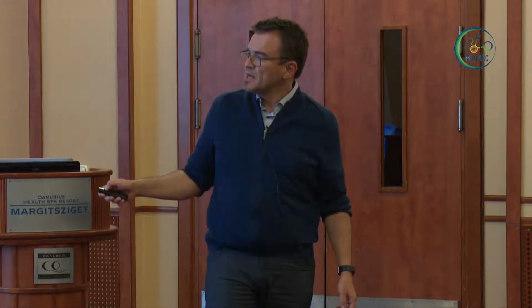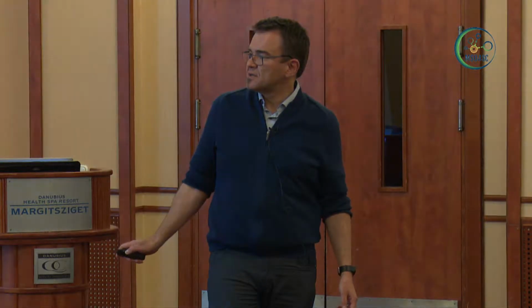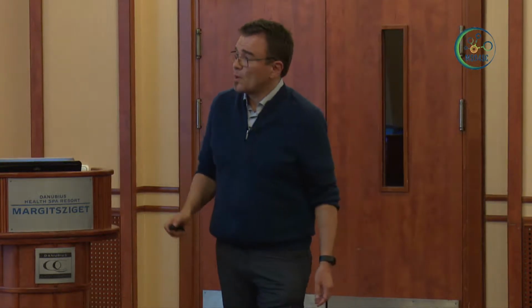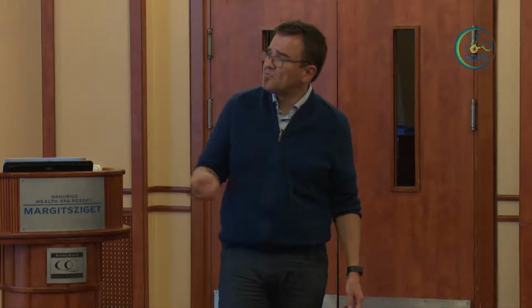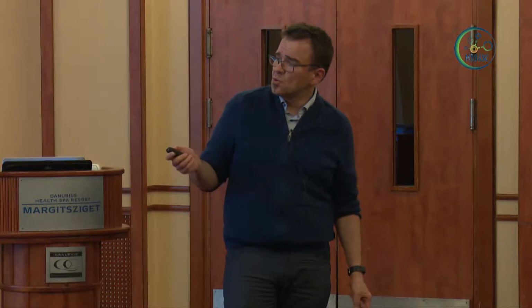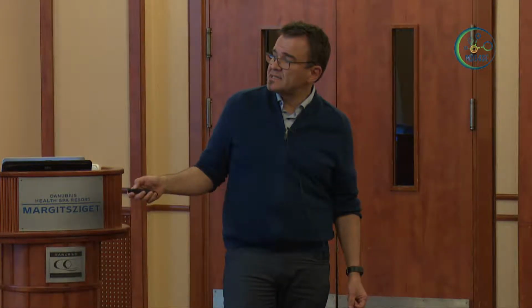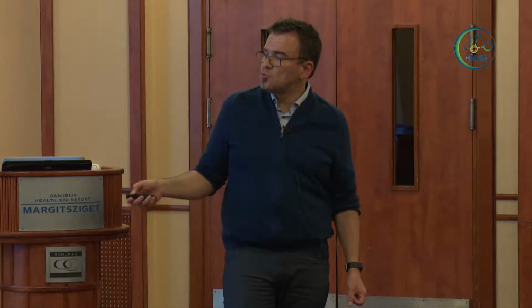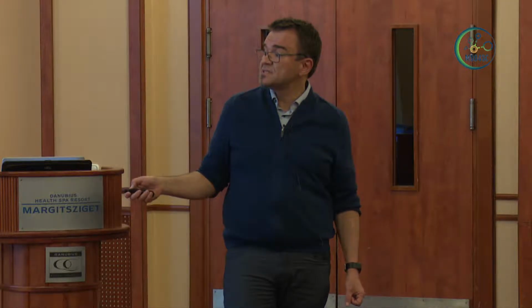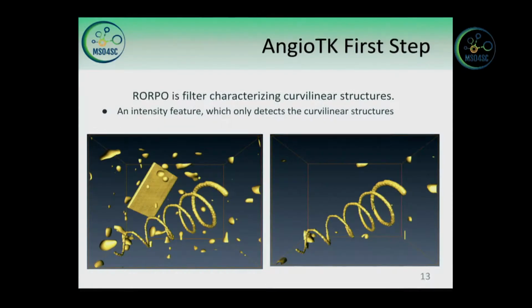In order to extract this information, you first need to filter the image in a clever way. In particular, we use this HORPO filtering tool, which allows us to recognize tubular structures inside images. Here is before using the tool, and here is after using the tool. You see that now it's much easier to do some kind of extraction.